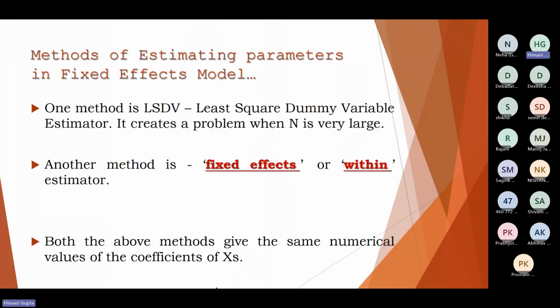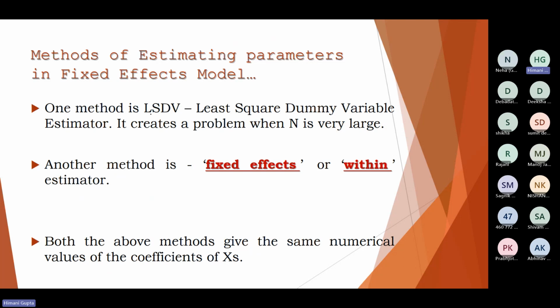I have already told you that fixed effect is also known as the within estimator. One of the methods to solve it is least squares dummy variables. It says that we will create dummy variables for all the data. For example, let's say I'm taking the data for 3 years: 2020, 21, 22.